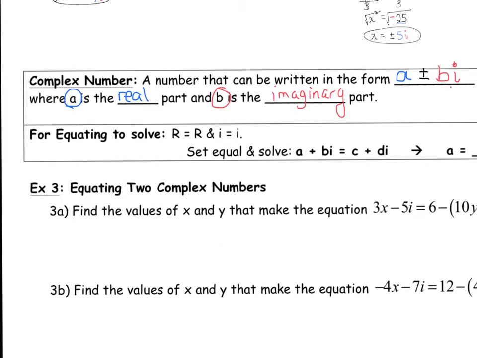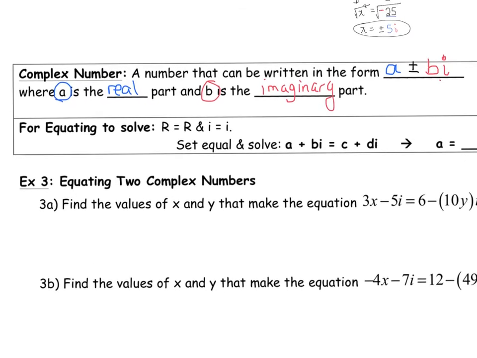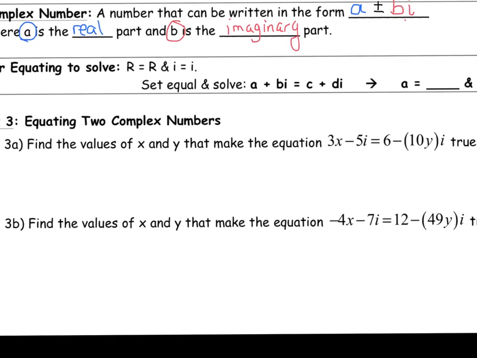What we're going to do is take two complex numbers and set them equal to each other, and then solve for the letters that they're asking for. In order to do that, we set the real parts equal to the real parts, and the imaginary parts equal to the imaginary parts.